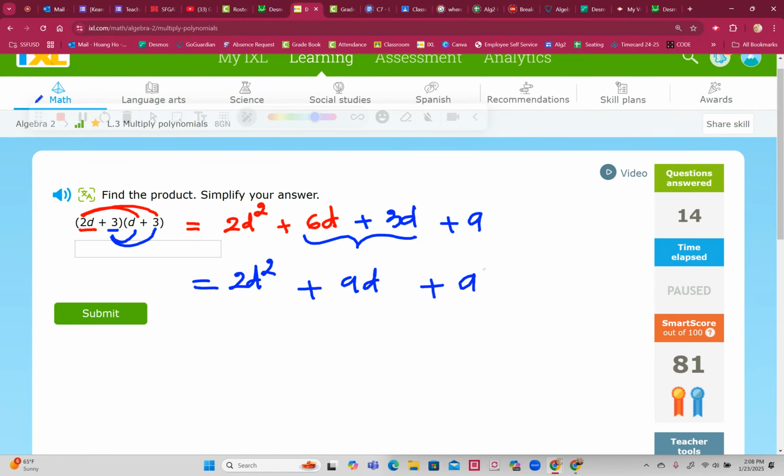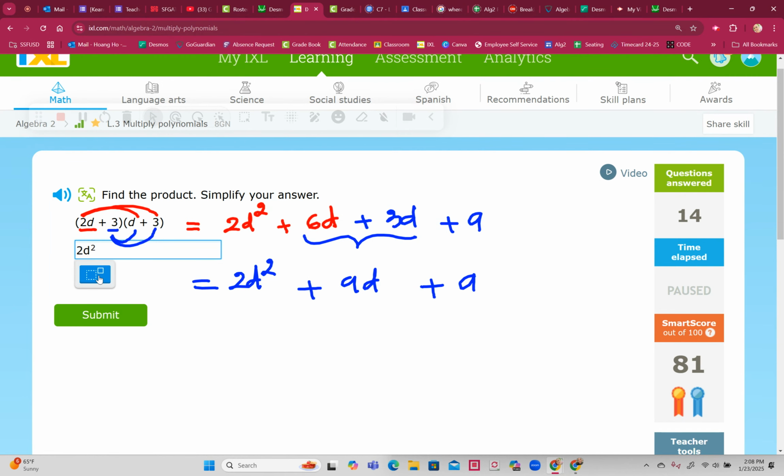Alright, pay full attention here. In the previous class, one student said, my answer is correct. Why was it incorrect? Because he put a space. Do not put a space, you guys. For example, I can put my answer in as 2D squared, then I move my cursor down.